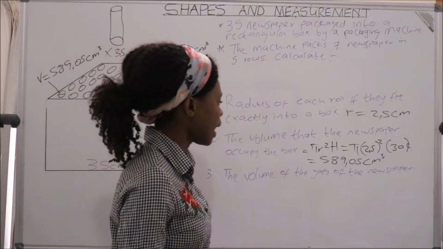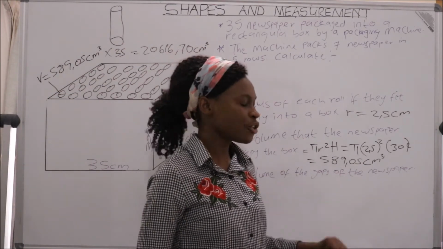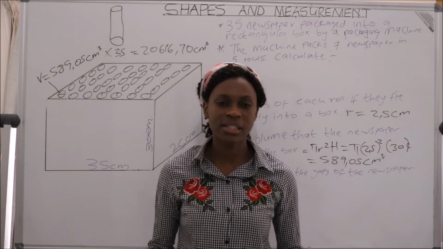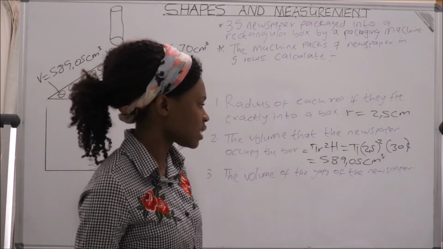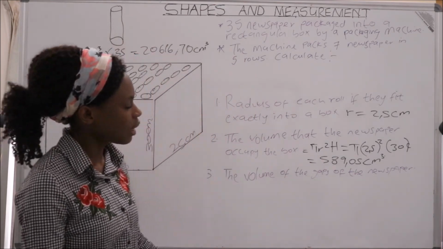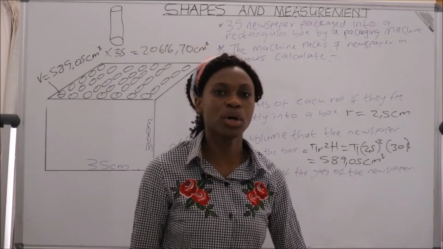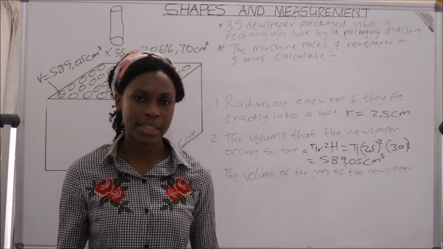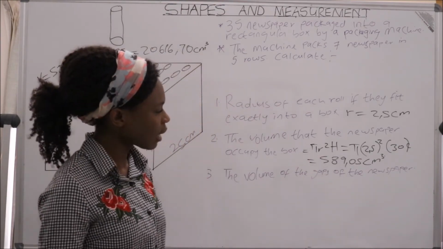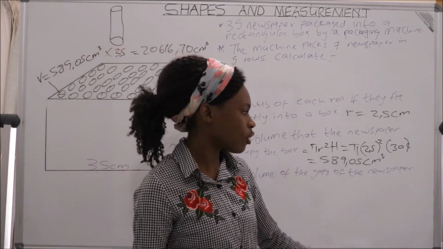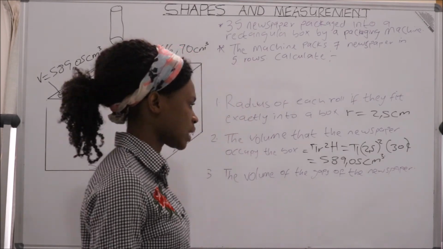So that will be pi r squared multiplied by h, of which pi r squared is the base area of the cylinder and h is the height of the cylinder. We know that this newspaper will fit exactly into the box, that means that the height of the box and the height of the newspaper are exactly the same. Then after calculating that, we got 589.05 cubic centimeters.